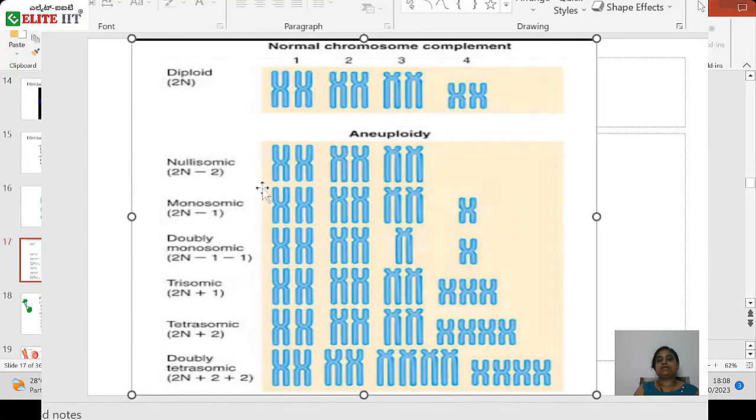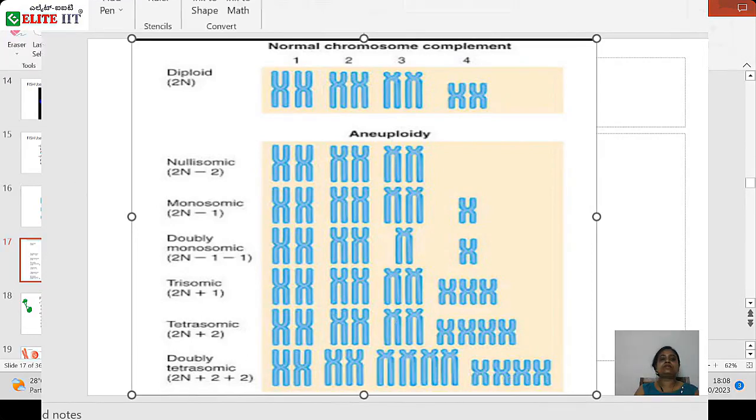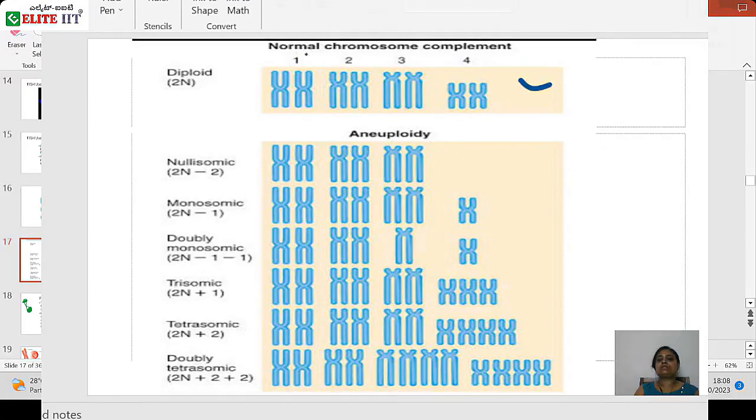So aneuploidy, if you consider it in this way, it should be in pair form, but it is not in pair form. Monosomic is possible, double monosomic is possible. In this case, this is the normal one, where four chromosomal sets are there. Now in trisomic, you see three chromosomes together, it should be two.